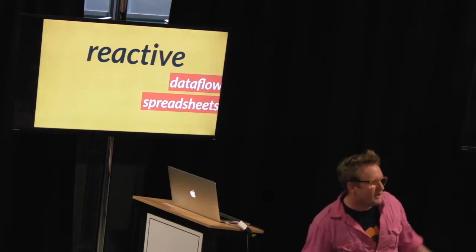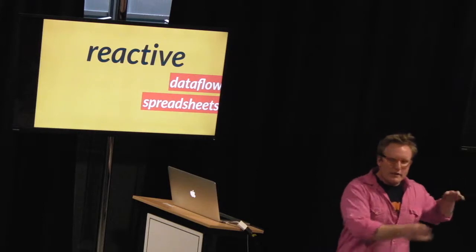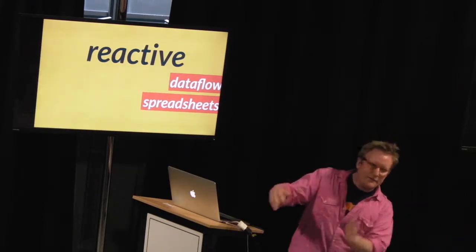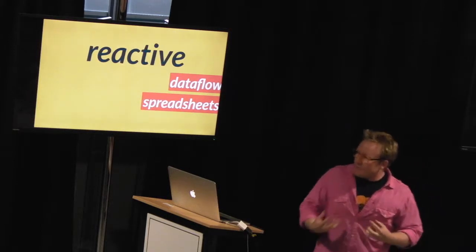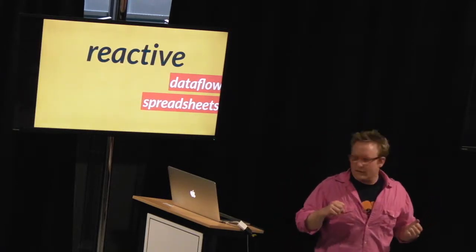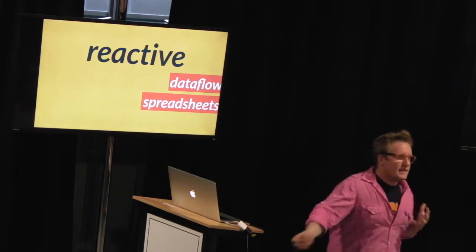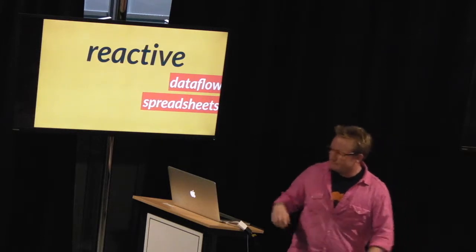If you're building a spreadsheet, you put a formula in a cell, and then that references loads of other cells. When those cells change, then the cell you put the formula in automatically updates. It reacts to what's changed. Rather than going and asking for data, you're registering your interest in data, and then eventually that'll arrive with you somehow. That's kind of reactive.